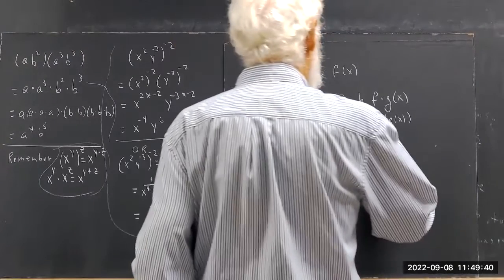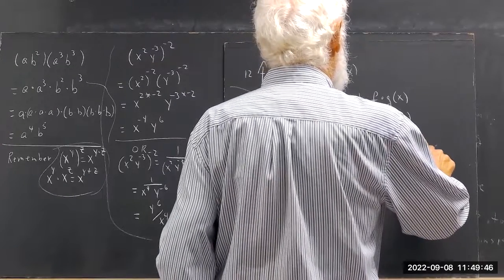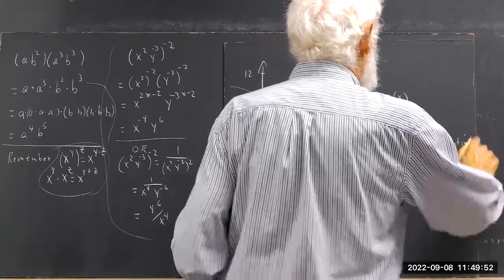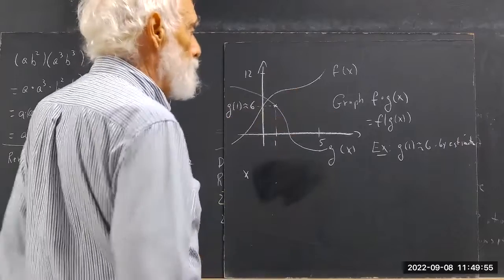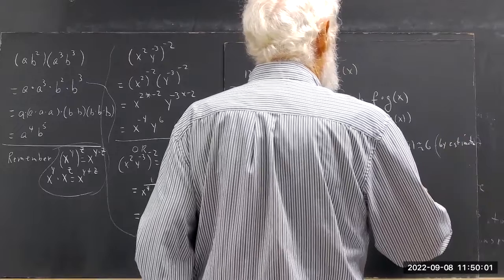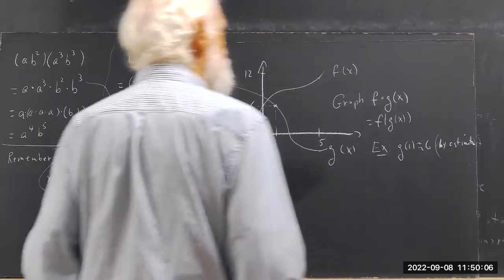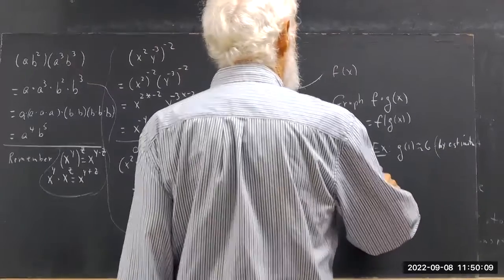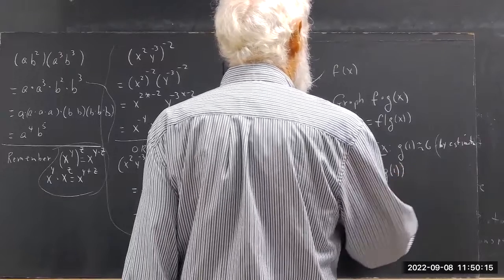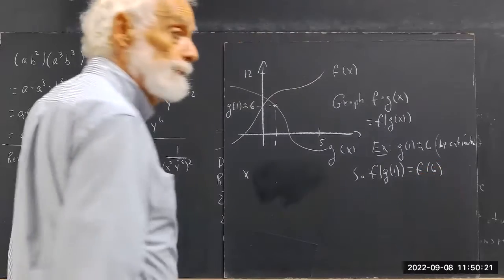So for example, the word you can't read is estimate, just find estimate. F of g of 1 equals f of 6.